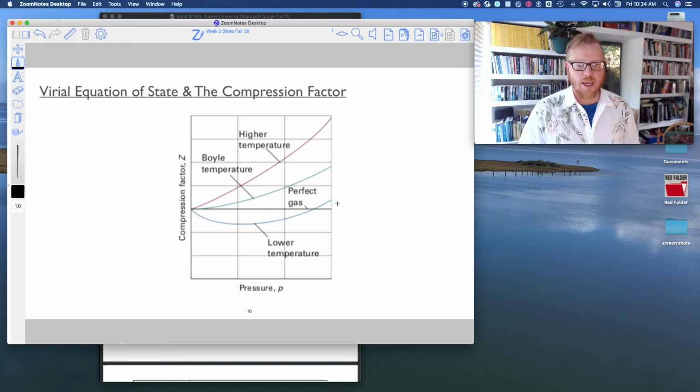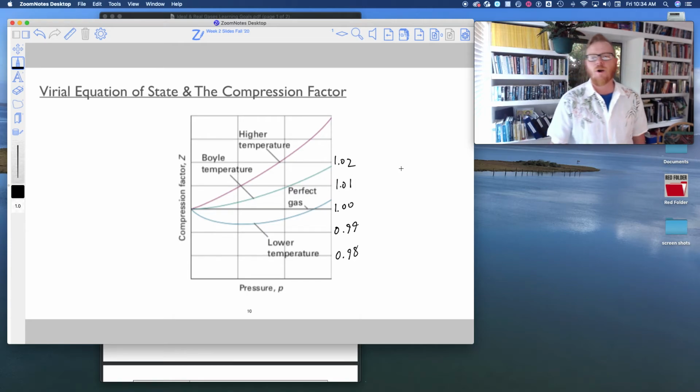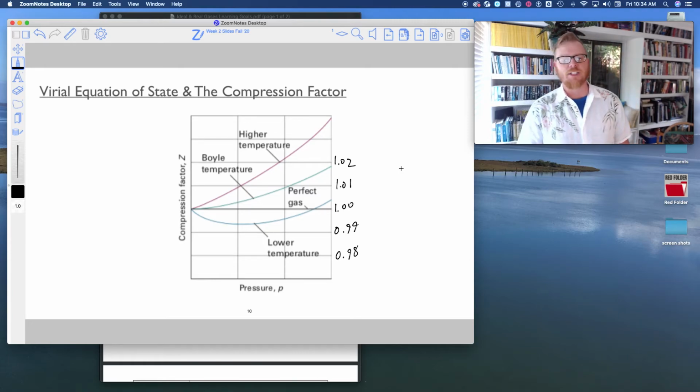What I want you to keep in mind is this compression factor. If this line is like 1.00, under most modest temperature and pressure ranges, this is not a big difference in this compression factor. So this line right here might be like 0.99 and 0.98 and 1.01 and 1.02, right? We're hardly ever going to see compression factors that are like 1.5 or 2.0, right?